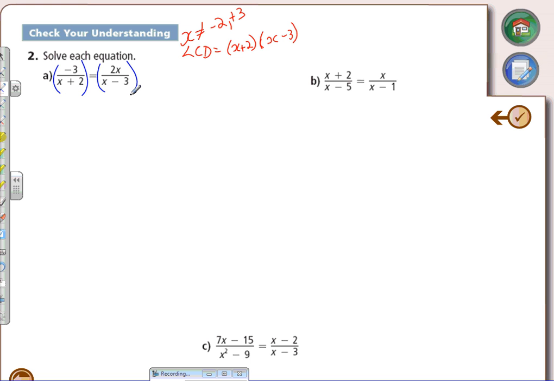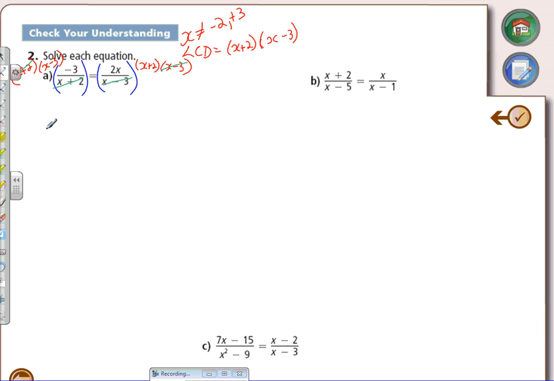Multiply every term by X plus 2 and X minus 3. Divide first. So the X plus 2 package cancels off, and the whole package cancels off.